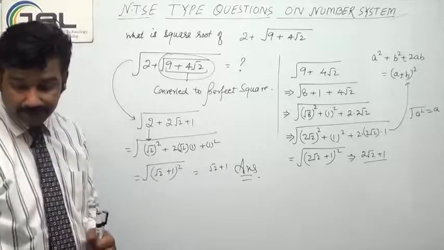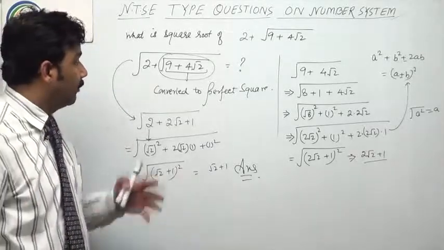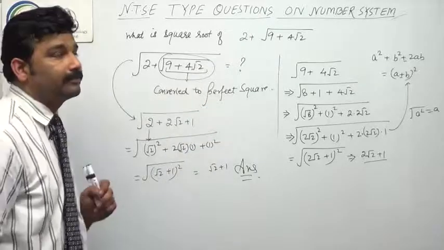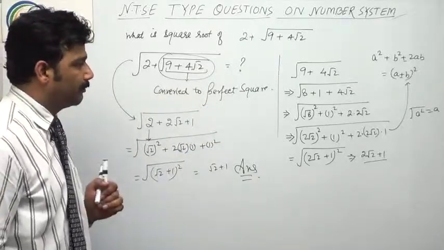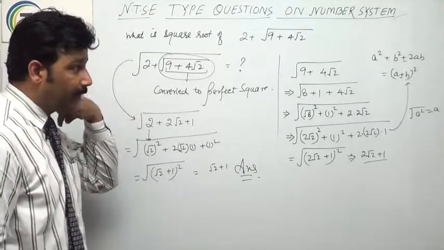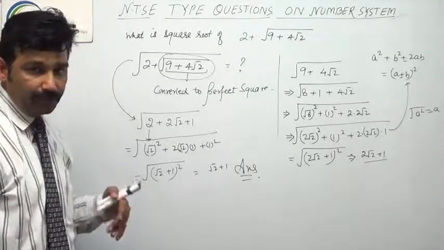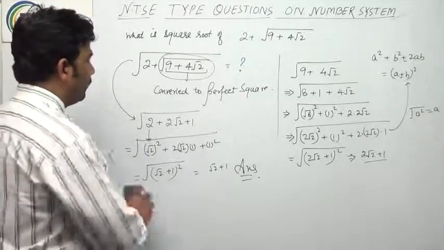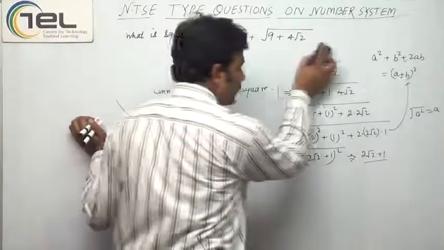So after this, let us have another method of solving this one. Maybe I am sure you have understood it, but if you are not able to get it, then how can we find the square root of a number like this?